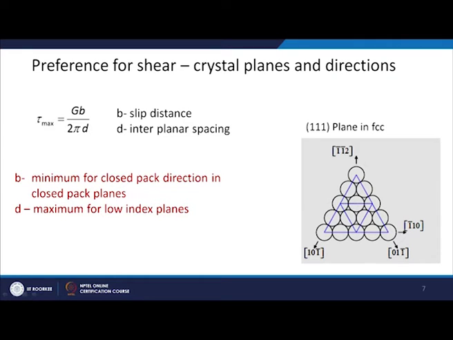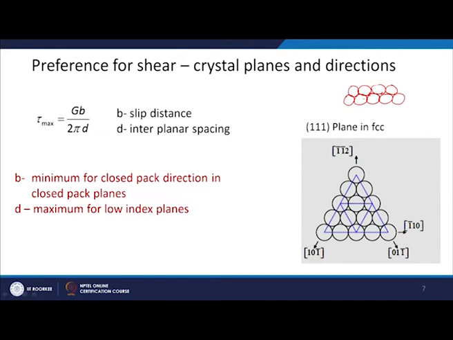For example, the 111 plane in FCC is shown here, and in the 111 plane of FCC this is the best packing you can get for a spherical atom. If you take any spherical object, the best packing you get is when you place another sphere in between the two, like this, and so on.